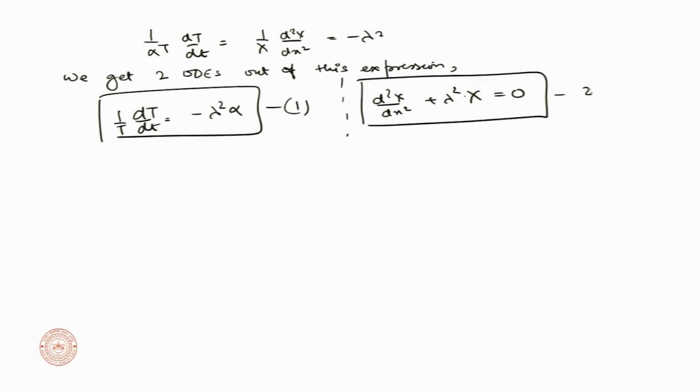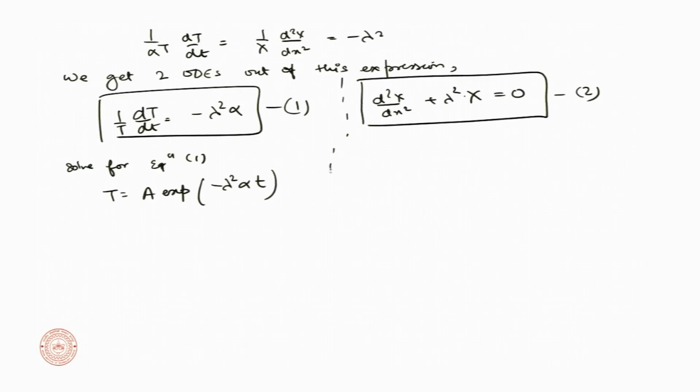This is our second equation. So, we have equation 1 and equation 2. These two equations can be solved independently. So, let us solve for 1. So, first order derivative with 1 by T. So, we will have T is equals to some constant A exponential of minus lambda square alpha into time t.